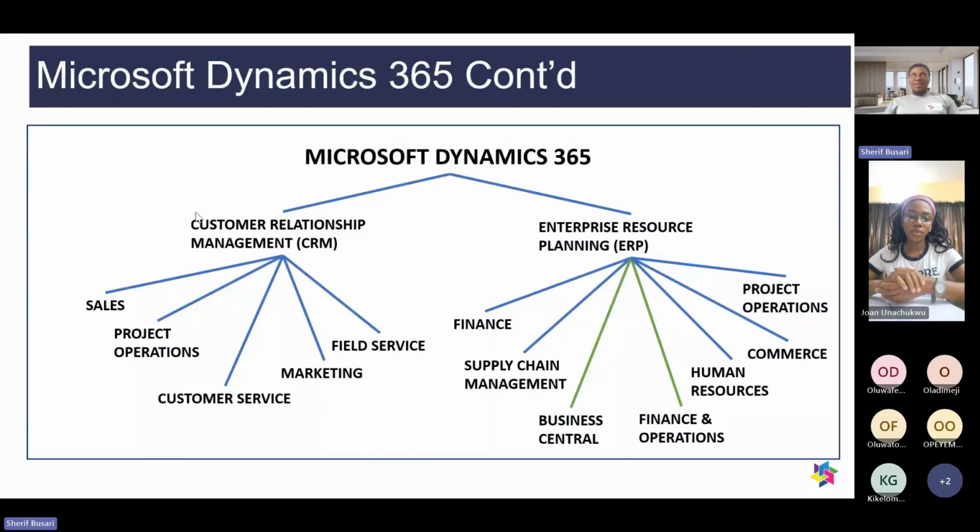So this suite of applications can actually be divided into two segments or categories. The first one is customer relationship management, which is also called customer engagement. And then we have the enterprise resource planning side of things. The customer engagement or CRM side is used to manage our day-to-day activities with our customers, and then field service and marketing, things like that.